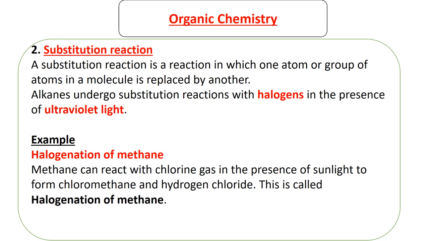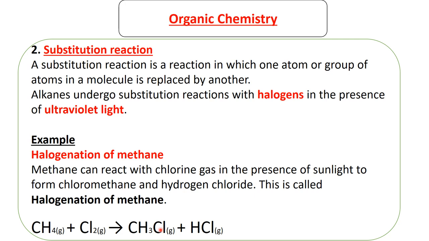This is called halogenation of methane, like I've said. This is the equation of methane reacting with chlorine to produce chloromethane and hydrogen chloride. To understand what's happening here, let me give you a bit of an insight. You can see that there are 4 hydrogen atoms here. After the reaction, there are 3, and there's chlorine, meaning that one has been replaced by this chlorine.